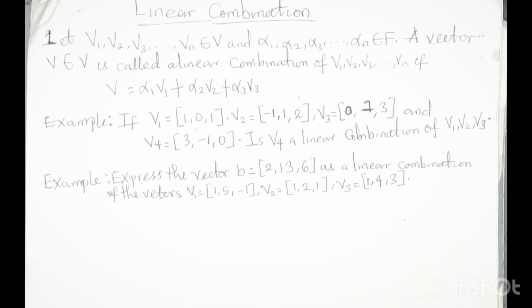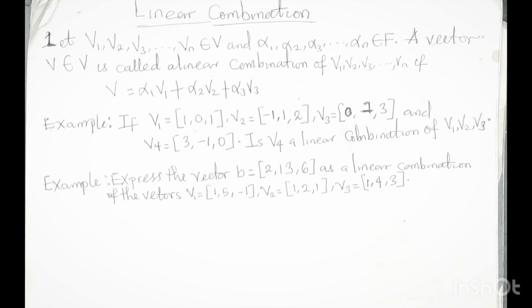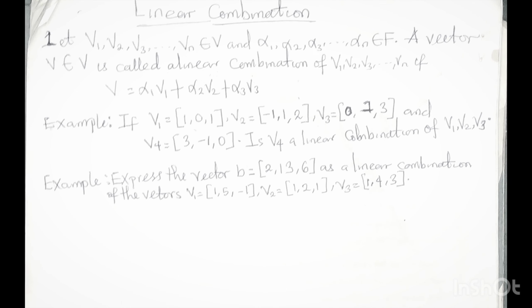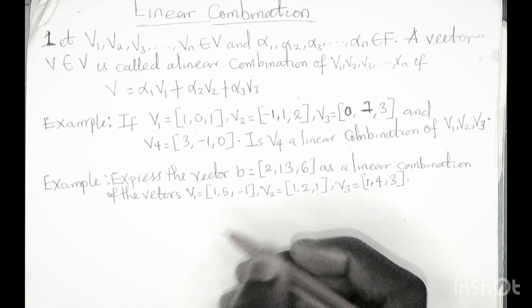Now, we are going to be using these examples to see what we are trying to do here. All right, so we have an example here. So the solution: v1 is 1 0 1, v2 is minus 1 1 2, and v3 is 0 1 minus 3.